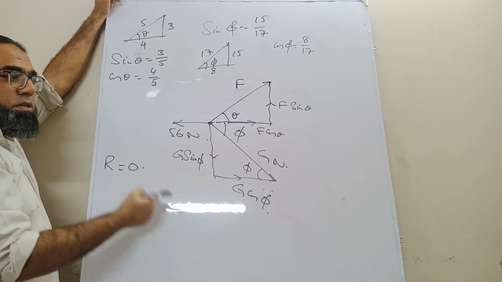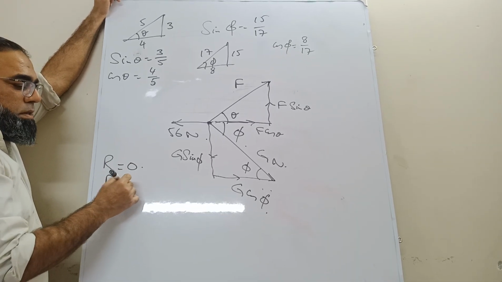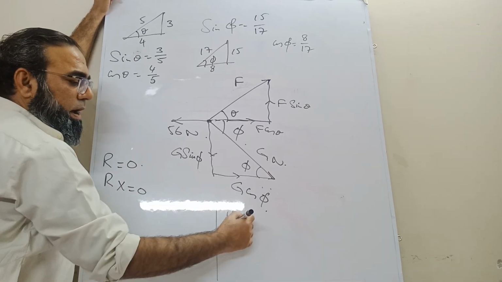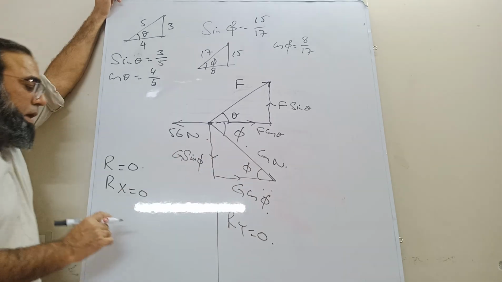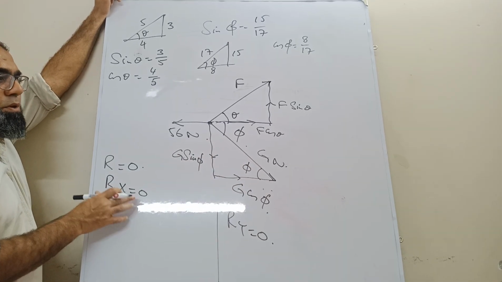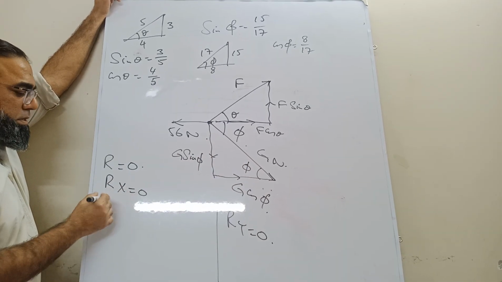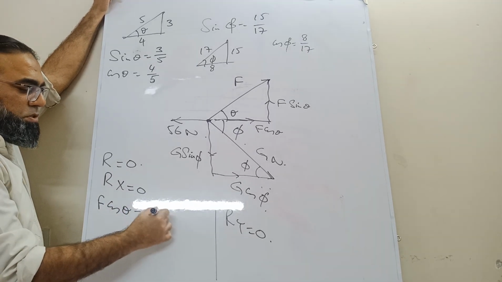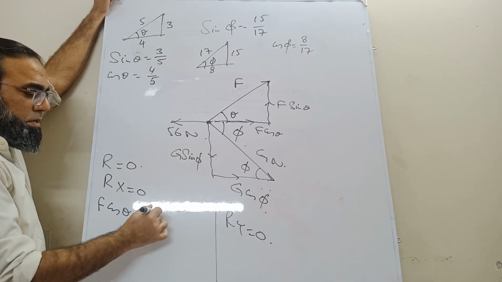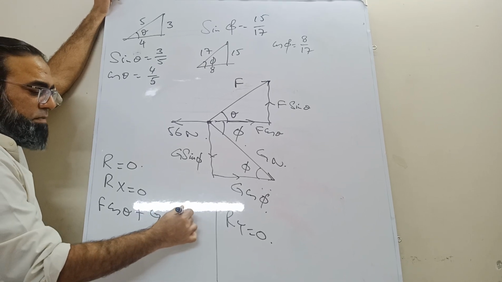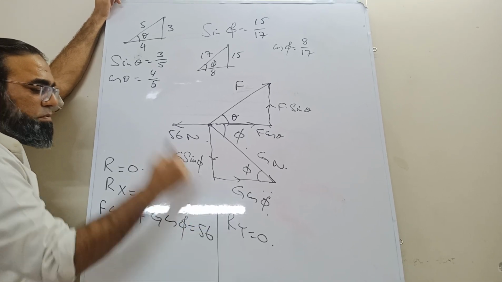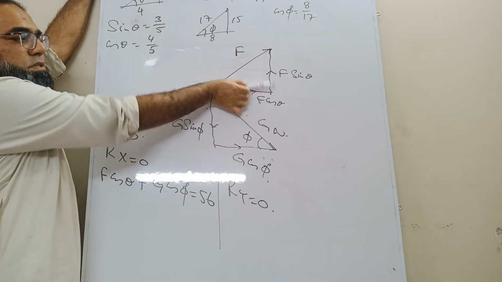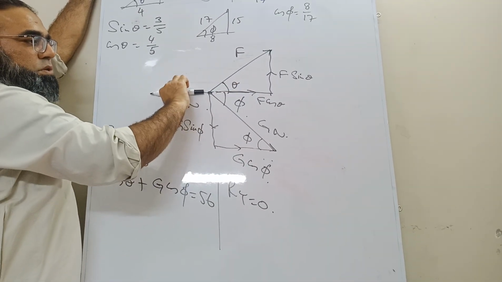When the resultant is 0, that means Rx is 0, and similarly Ry will also be 0. Where Rx is 0, you can write F cos theta plus G cos phi is equal to 56. Look at this. These are two horizontal forces being balanced by this horizontal force.